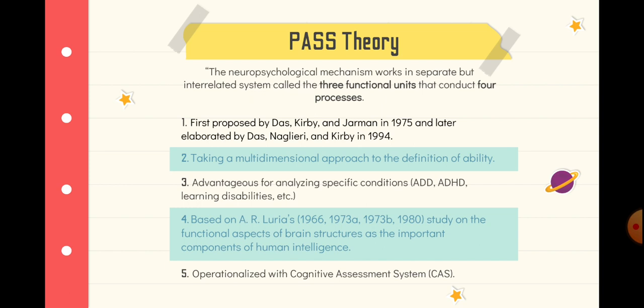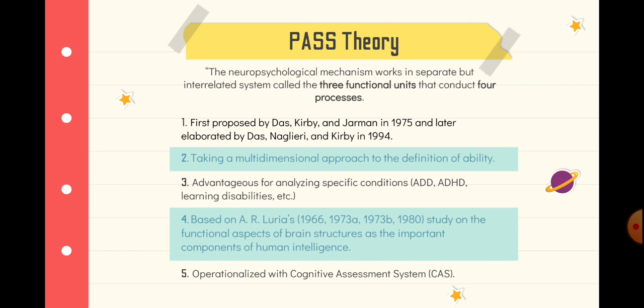It is focusing on a general ability of the brain and the mind, while this theory is more multidimensional, in which it focuses on cognitive processes. So it is more specific in nature, because it's not talking in general but specifically about the cognitive processes that we will discuss later on.